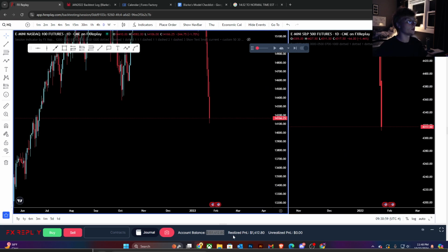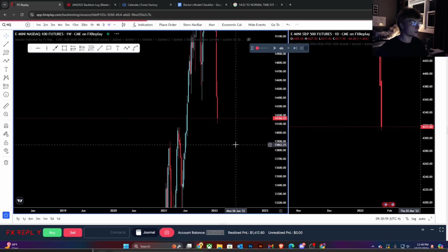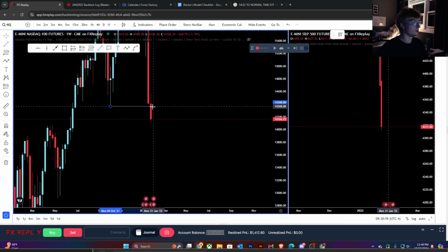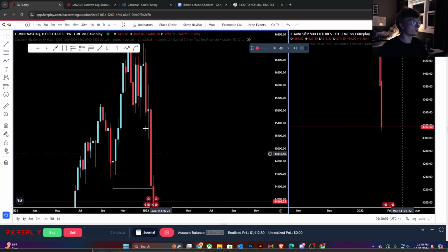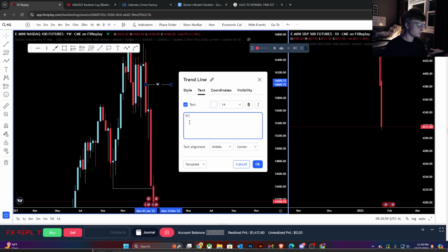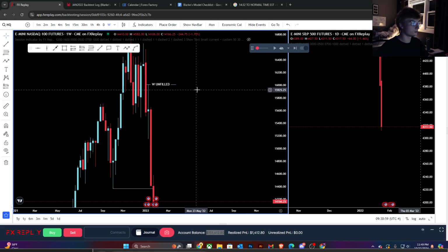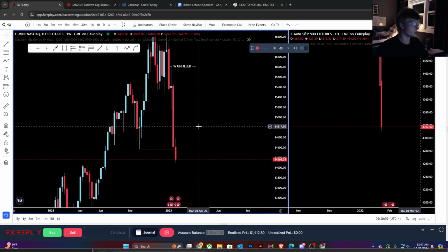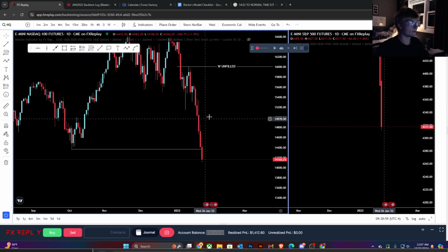What are we doing here? Looks like we're just dumping. Took out this weekly low. Do I have an unfilled weekly above us? Weekly sweep. Let's see the daily.